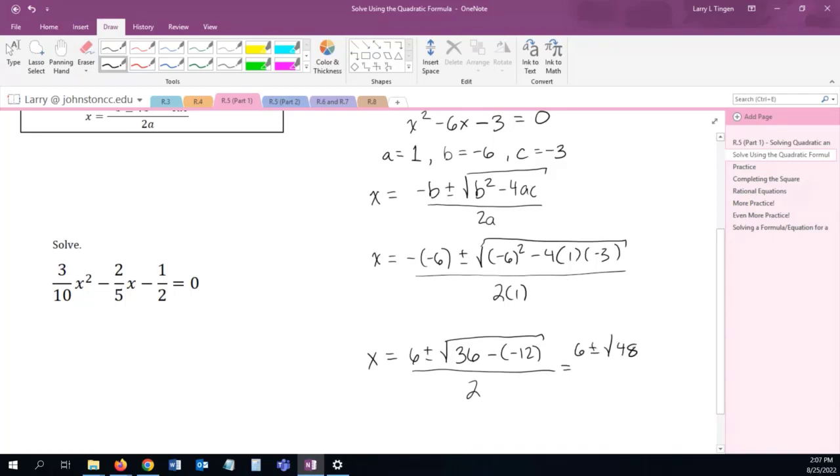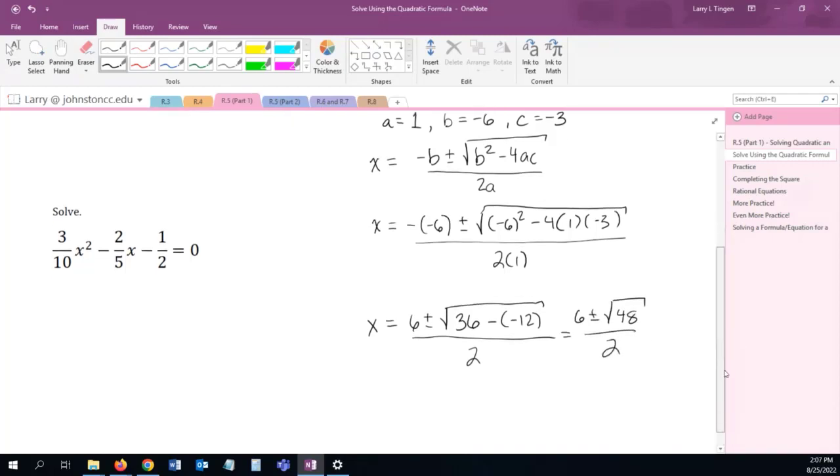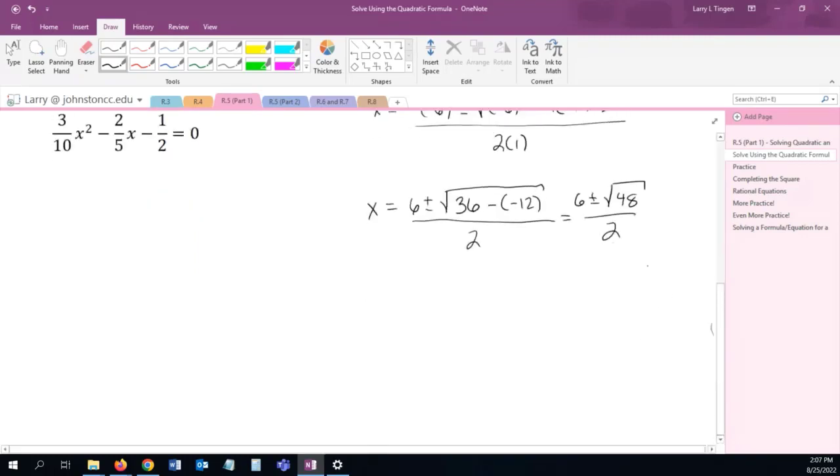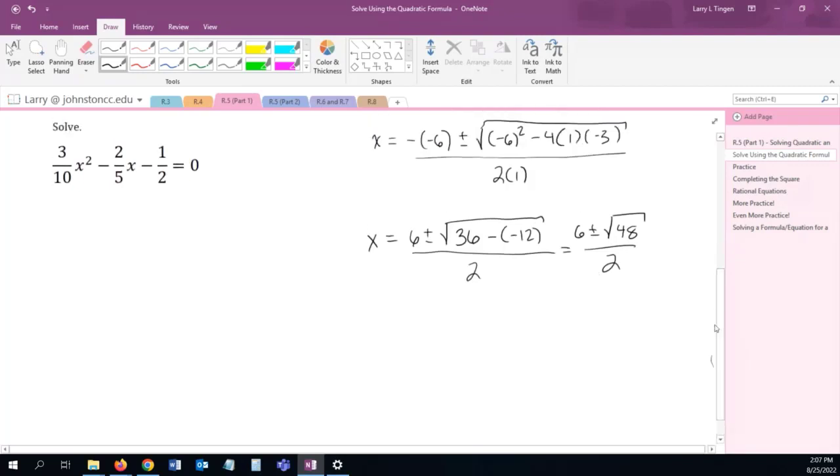Minus negative becomes plus. And then can I go further? Yeah. Square root of 48.